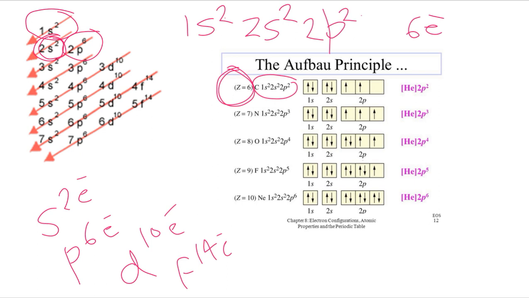You can also represent the s orbital by a square and the electrons by arrows in opposite directions, because it's the way they spin around the nucleus in order to have the least interaction possible.